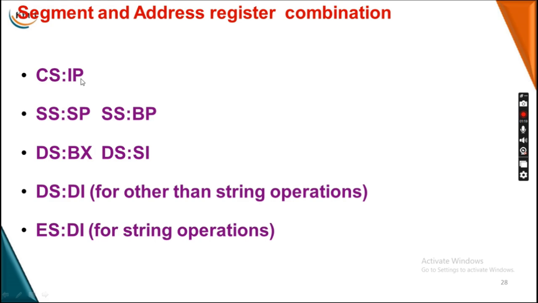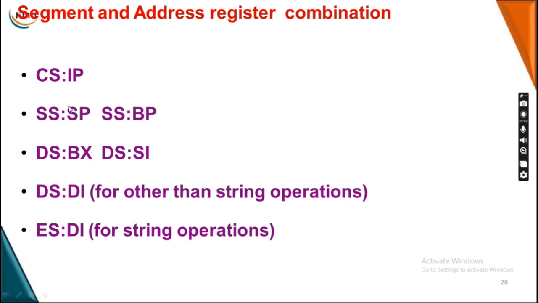Instruction pointer points to the instructions, where the instructions are present in the code segment. So this is the offset address, and this is the segment address for the code segment.